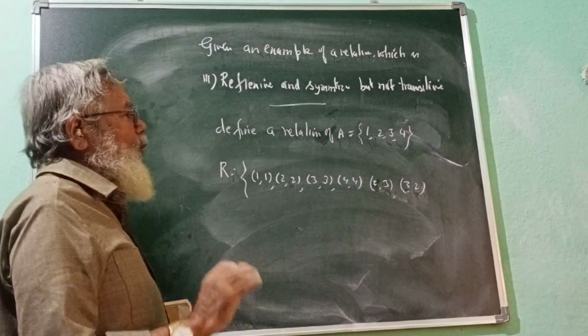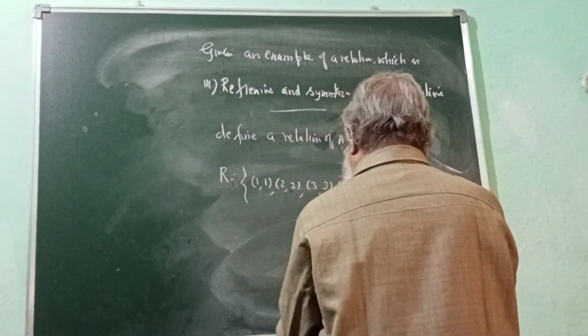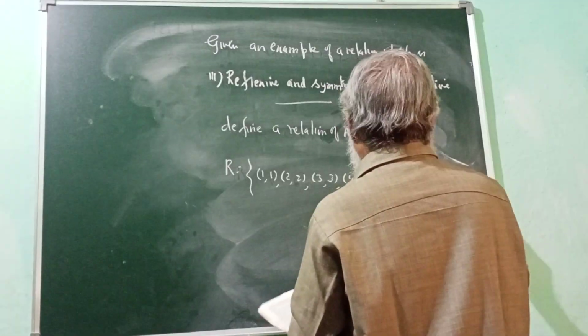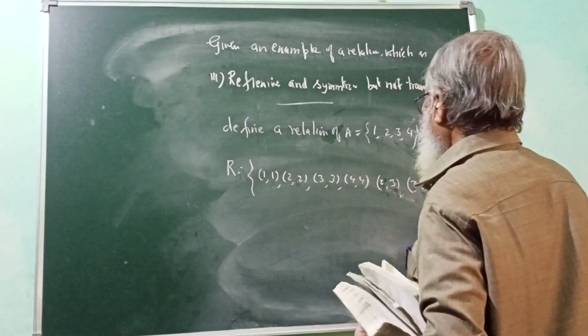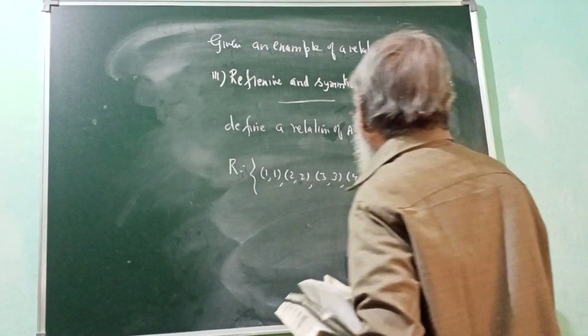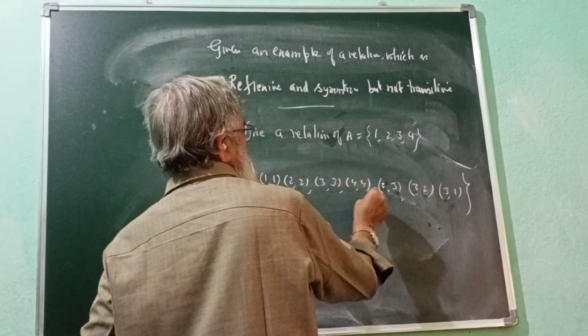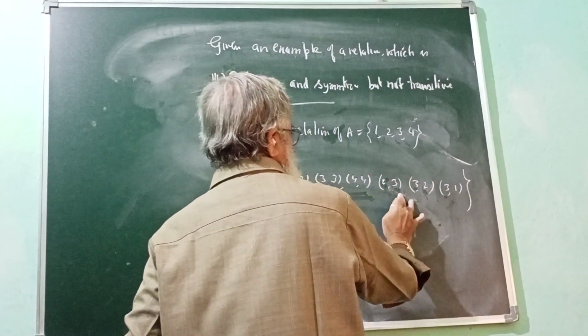So add one more ordered pair so that it is not transitive. For this, let us write one more ordered pair, (2, 1). Now you see, these 1, 2, 3, 4 are reflexive, and (2, 3), (3, 2) is symmetric.